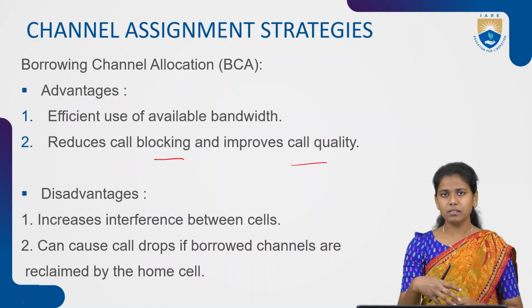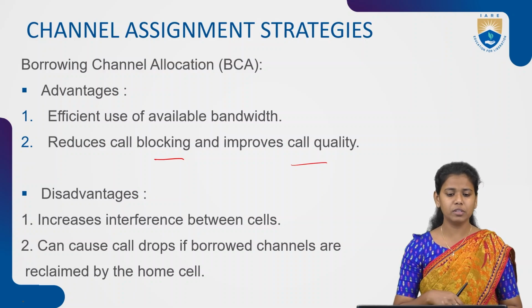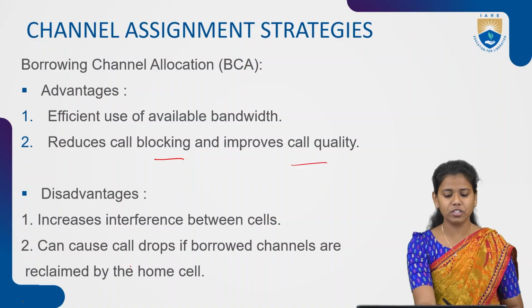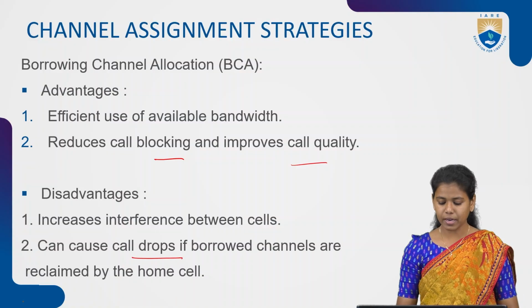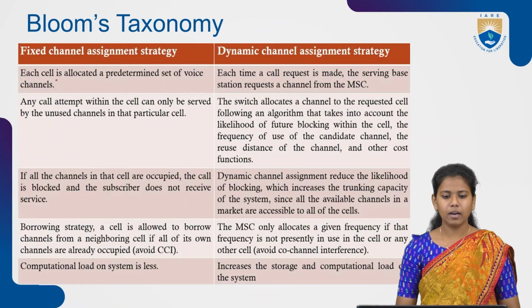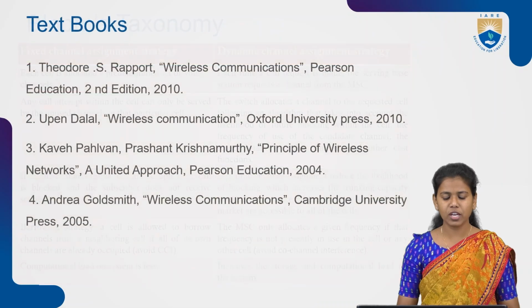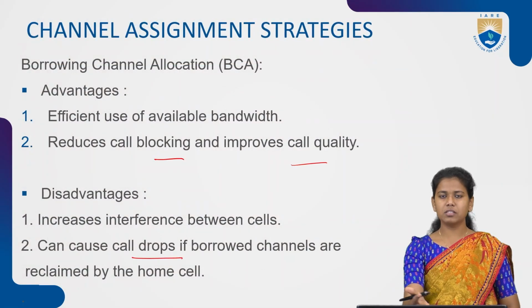In this scenario, we can experience some interference. That is a drawback of borrowing channel allocation. It can also cause call drops if borrowed channels are reclaimed by the home cell. This is unlike the fixed channel, which is a static channel strategy. These are the differences.